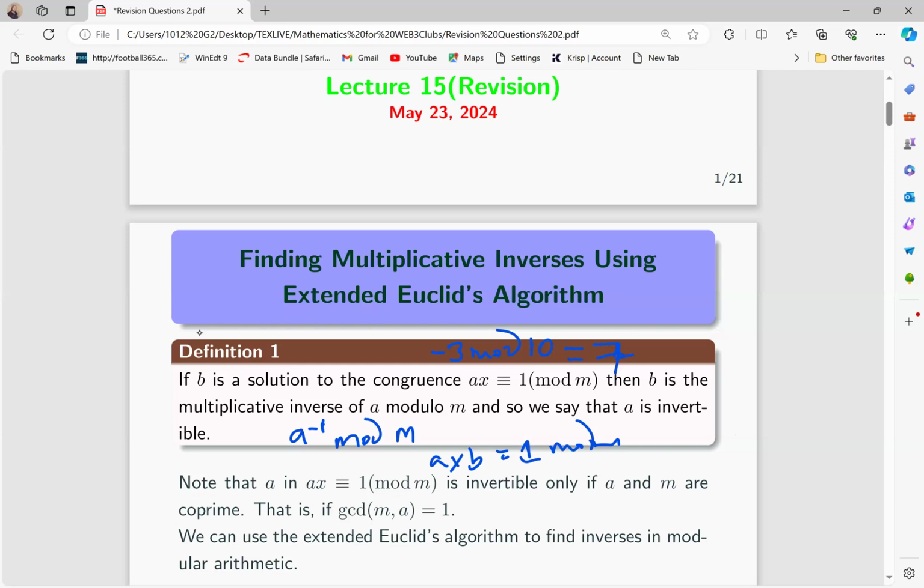Is that okay? Under addition, we said the additive inverse is the element which, when you add the two elements, gives you 0, because 0 is the identity element under addition. Under multiplication, the identity element is 1.